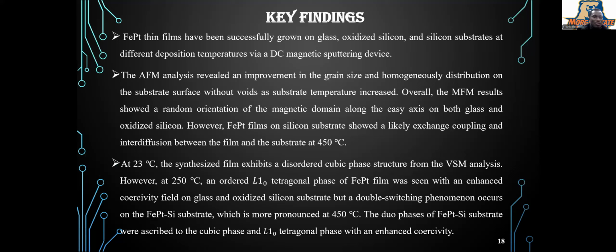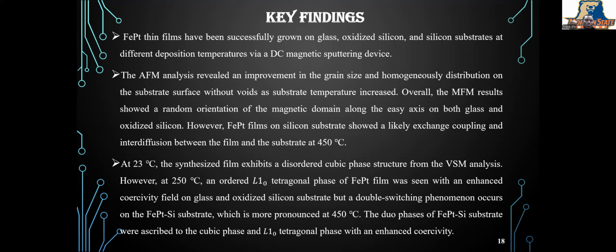Our key findings are we are able to deposit iron platinum film on glass, oxidized silicon, and silicon substrate at different growth temperature using DC magnetron sputtering.